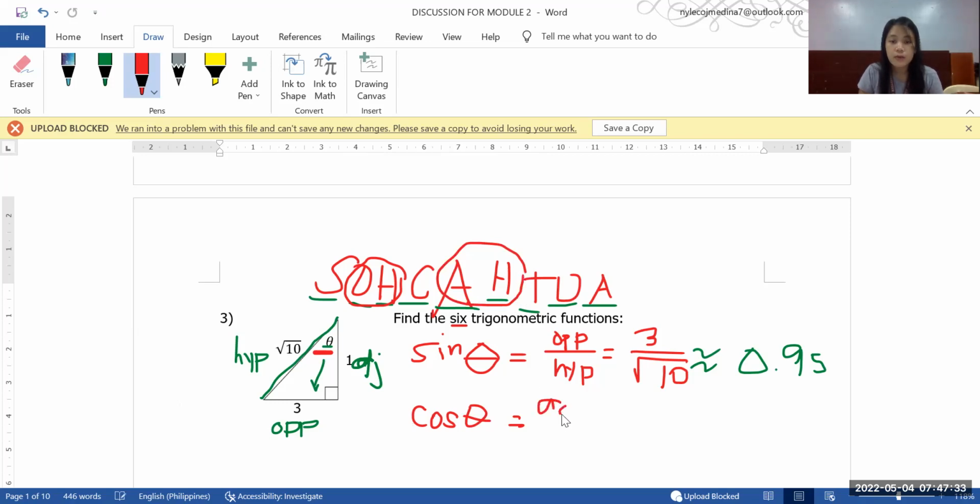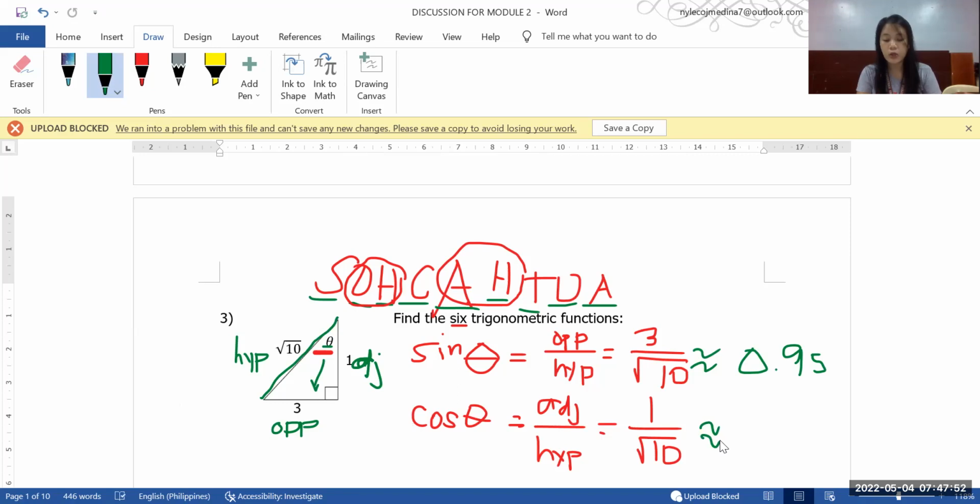Now, looking at the figure, our adjacent is equal to 1. Our hypotenuse is equal to square root of 10, so 1 over square root of 10. Again, use your calculator to know the exact value, which is 0.32.